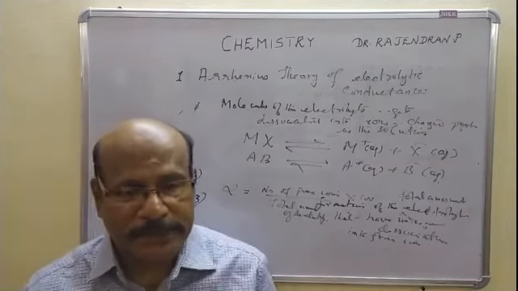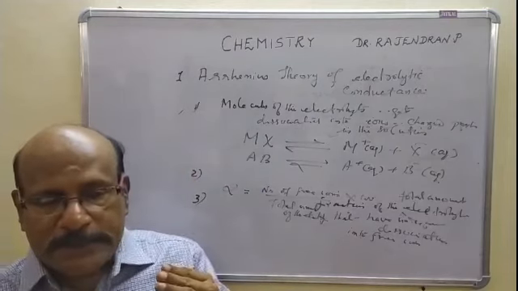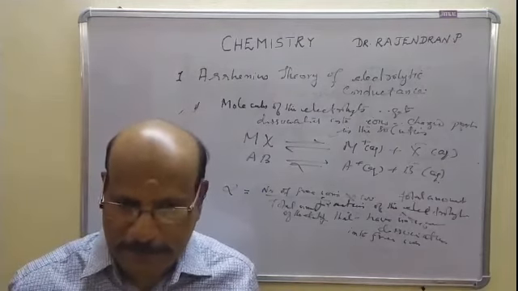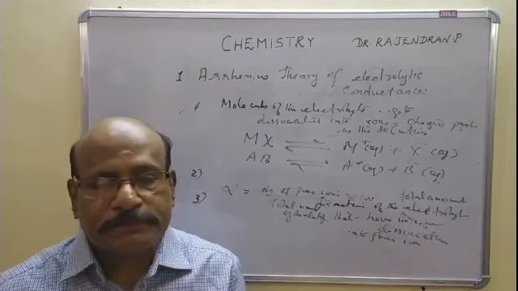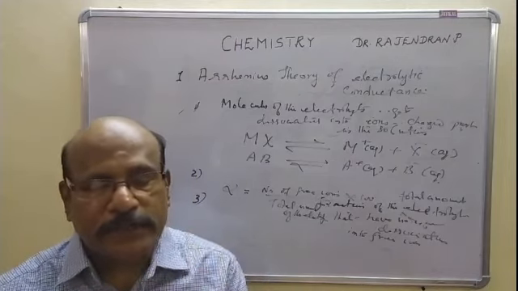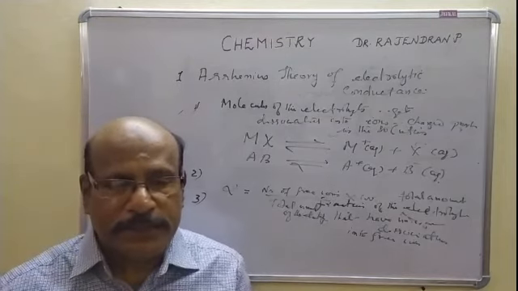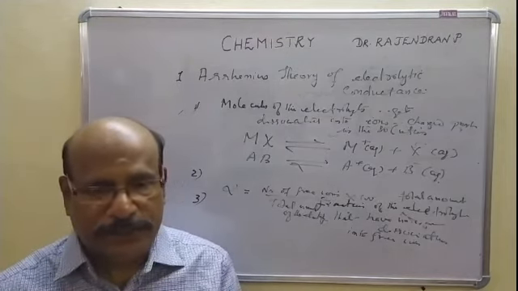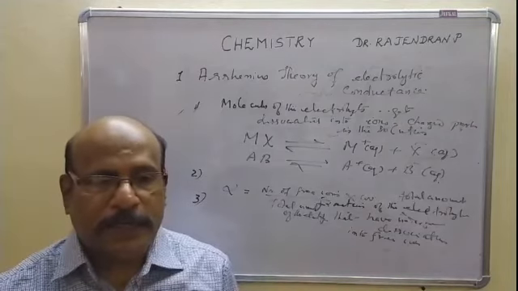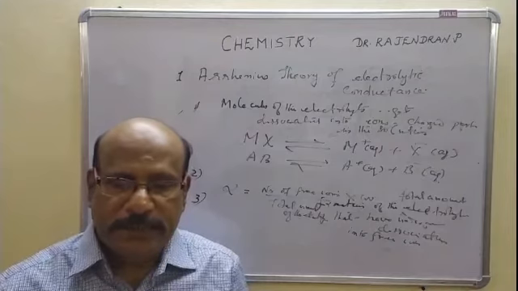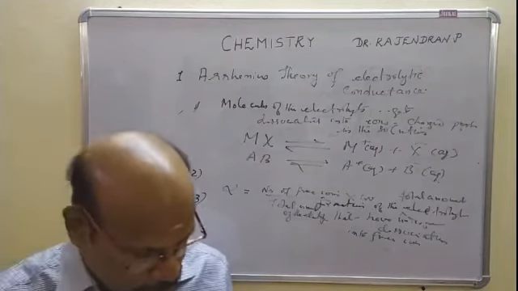He made an assumption. Again I am saying that this assumption is going to be changed later. But Arrhenius assumed that the conductance of an electrolyte in the solution depends only on the number of free ions present, or on the degree of dissociation, assuming that the speed of the ion does not change with the concentration. It is his assumption.